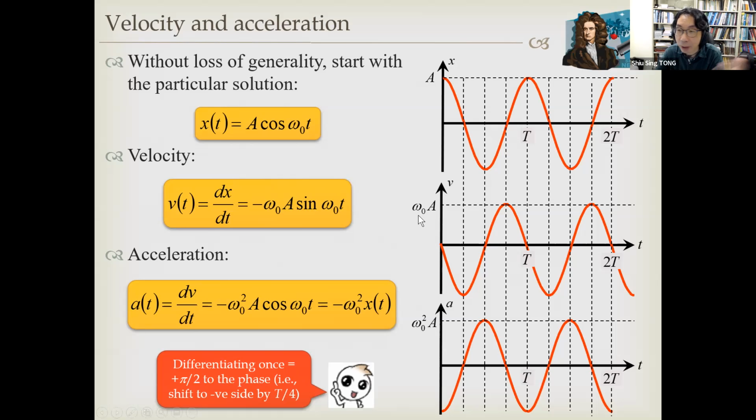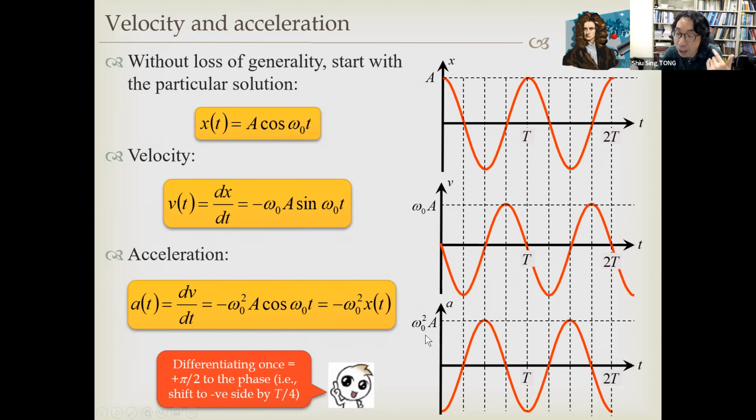The radian does not count because the radian is dimensionless. So omega has a dimension of per second, and A has a dimension of meter. So this combination has a dimension of meter per second, which is the dimension of velocity. And in fact, this combination is the amplitude for the velocity change. This is the maximum velocity actually.